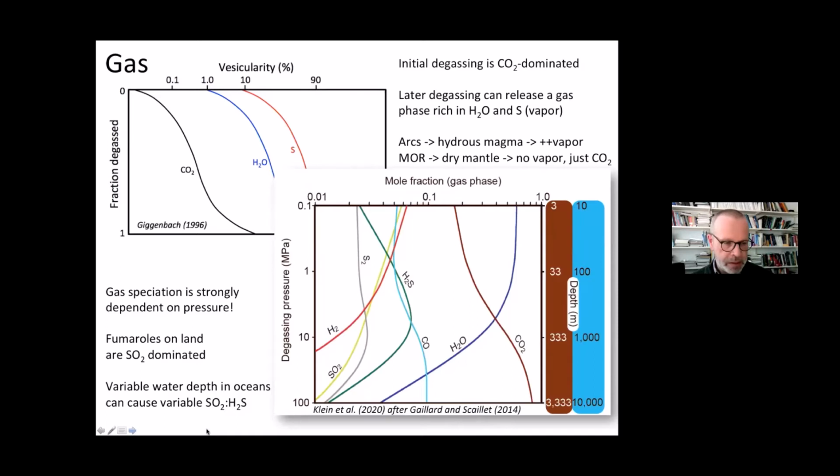And please note that the fumarole gases that we sample on land, where the pressure is 0.1 megapascal, are always dominated by sulfur dioxide. Just look at sulfur dioxide here and hydrogen sulfide. So at low pressures, all the fumarole gases will be dominated by sulfur dioxide, but you don't have to go very deep.